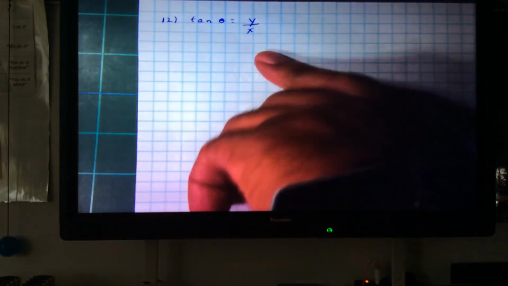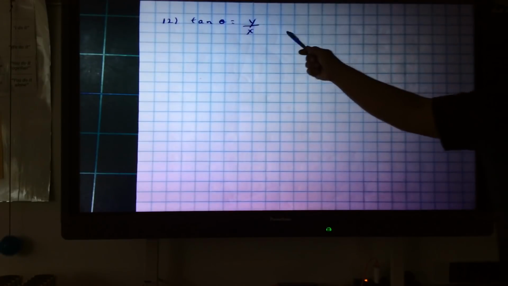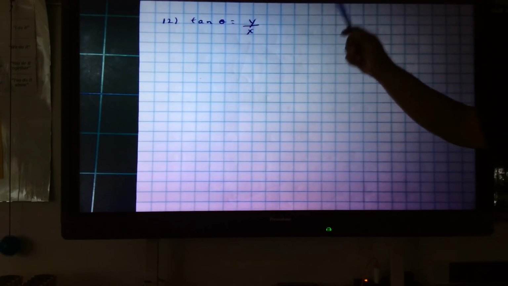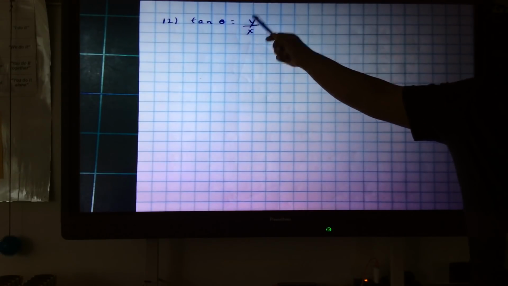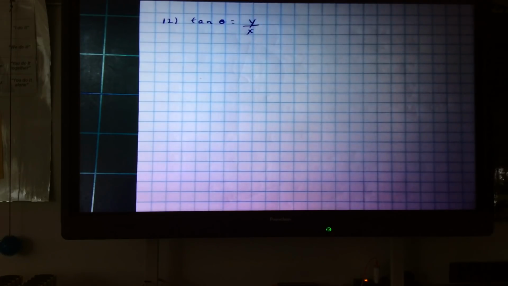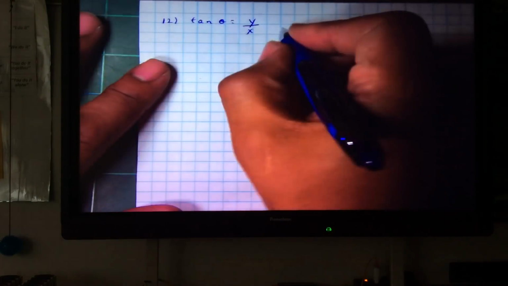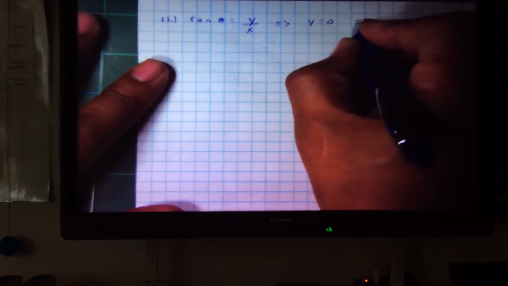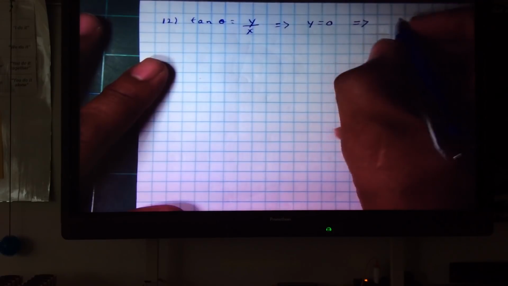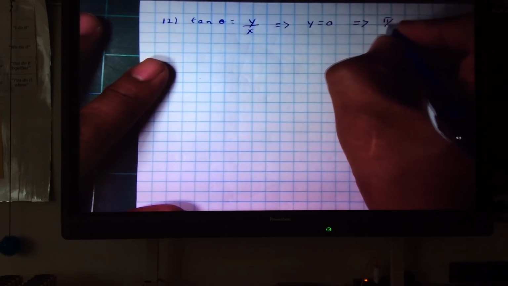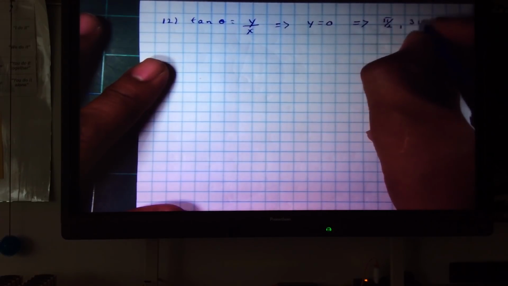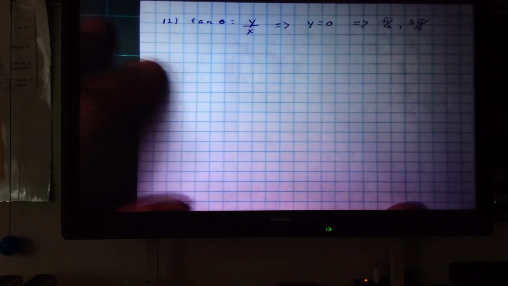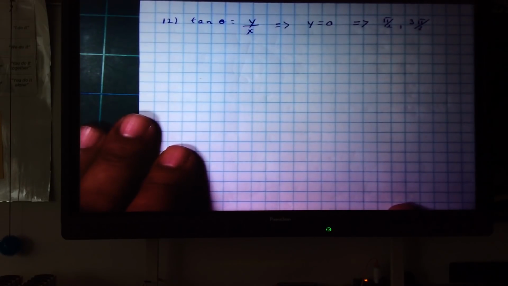Okay, so when we were talking the other day, we said that you can never divide and get 0. So the only way we get 0 is when the numerator is 0. So that means y has to be 0. So this implies that y equals 0. Now that only occurs twice on the unit circle, at pi over 2 and at 3 pi over 2. But that's just one time around. That's between 0 and 2 pi.